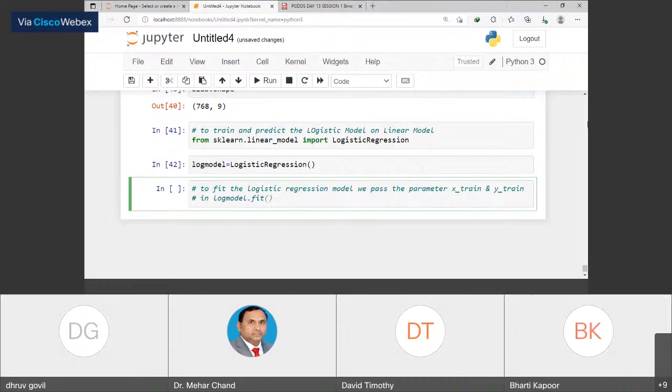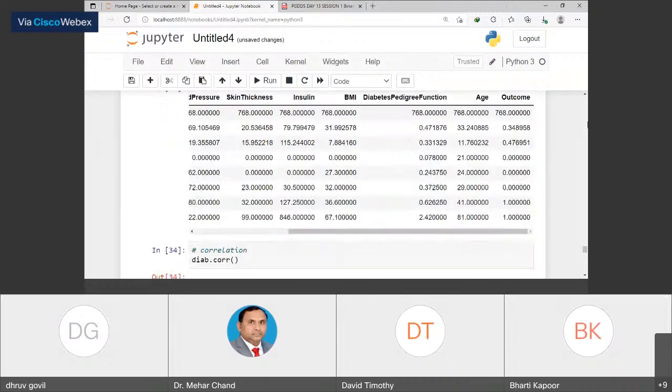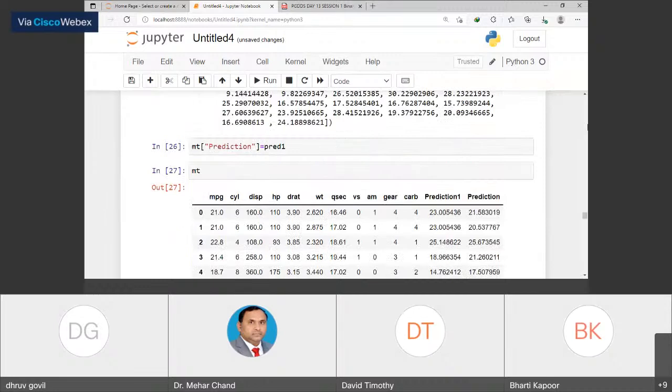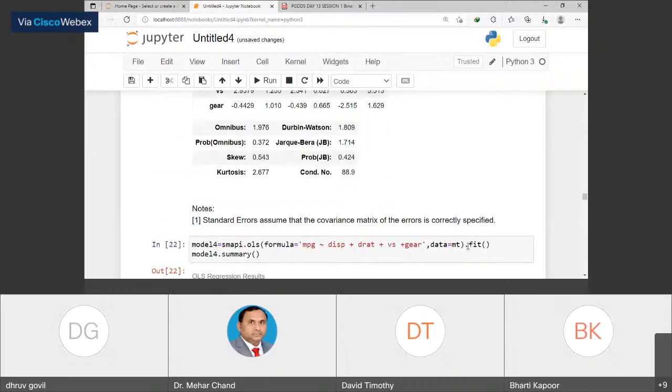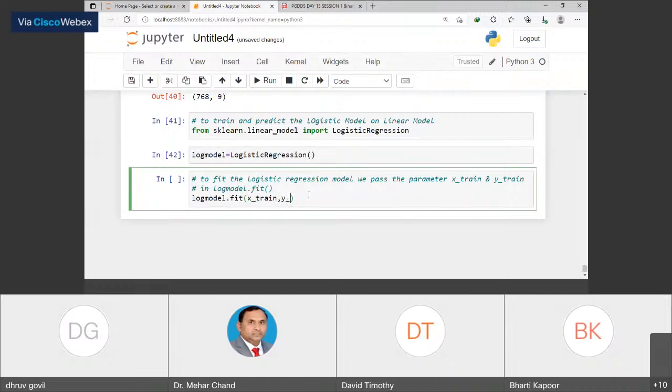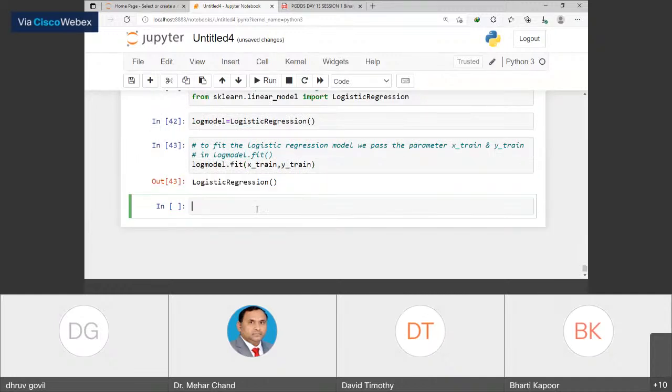If you remember, in regression we also used the fit command. Now we are trying to fit our model according to the parameters, and here we take all the parameters. So log model dot fit of X_train comma y_train. Now our model starts to train.